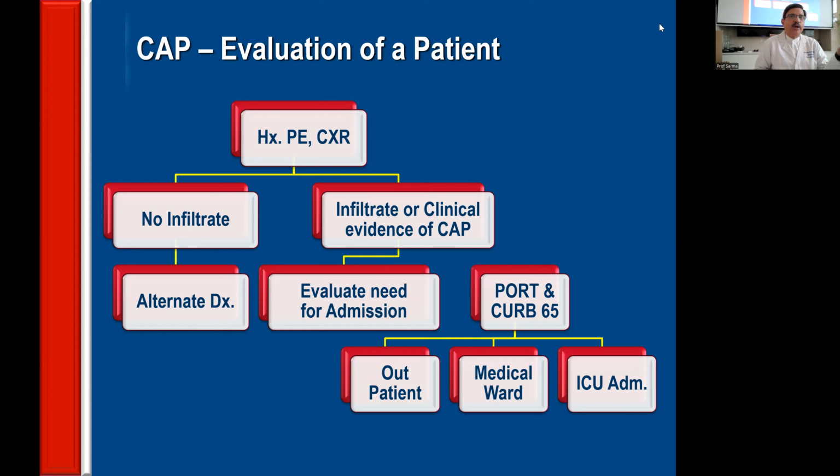Now you should know what are the conditions which produce hyperresonant note, impaired note, dull note, and stony dull note. Stony dull note: pleural effusion and mass. Dull note: consolidation, cavity. Impaired note: maybe early consolidation. Hyperresonant: emphysema.